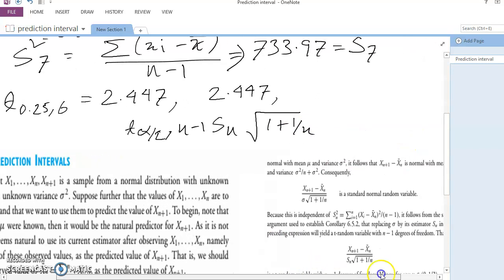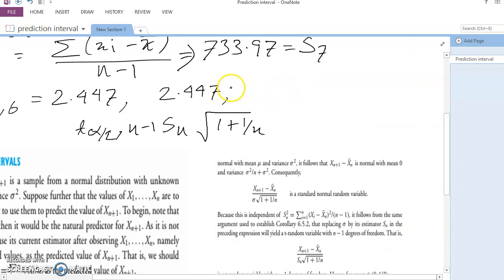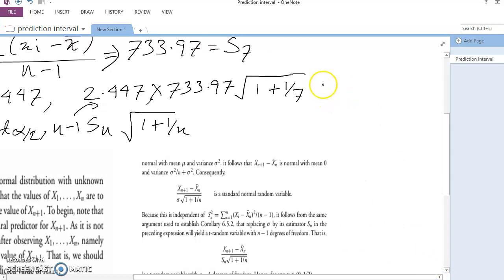I apply this formula here: 2.447 times 733.97 times the root of 1 plus 1 by 7. This value is 1920.23.